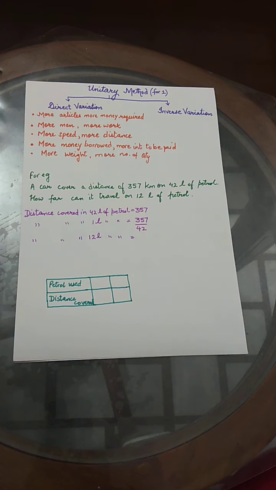Direct variation means whenever both the quantities which you are given in the problem change or vary in the same direction. Like if one is increasing, the other is also increasing, and if one is reducing, the other is also reducing.